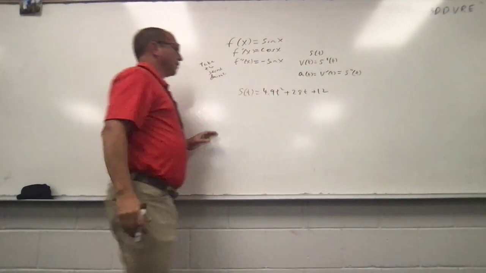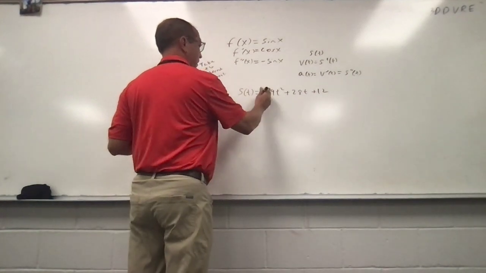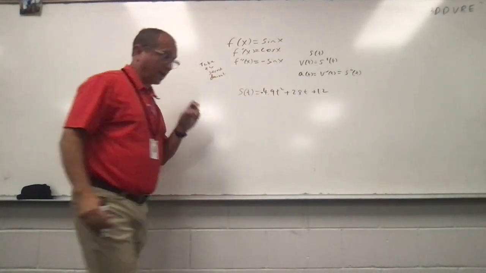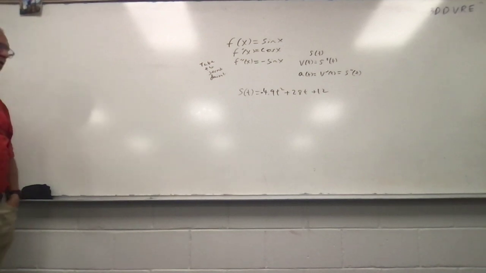So I've got negative 4.9 t squared plus 28t plus 12.